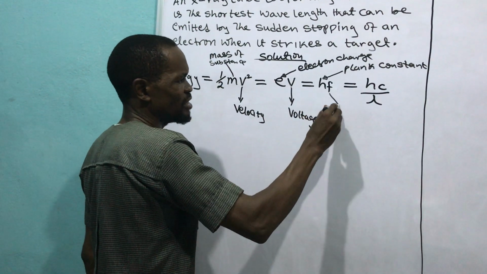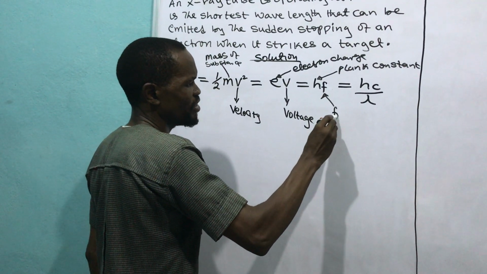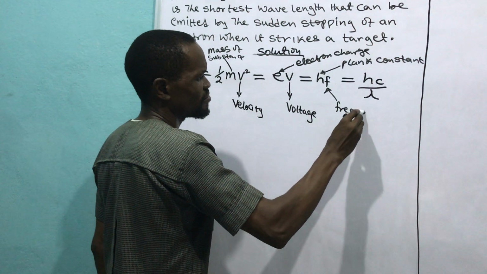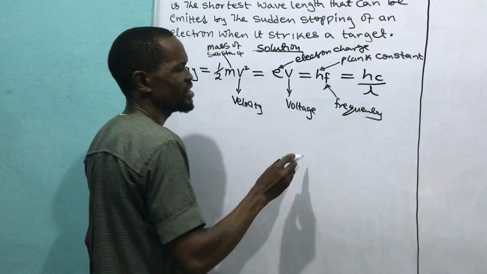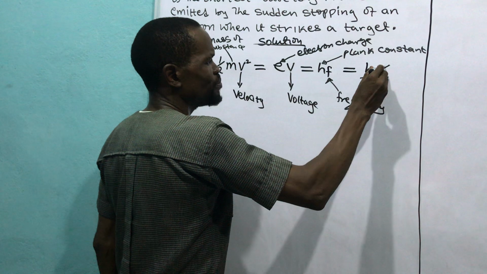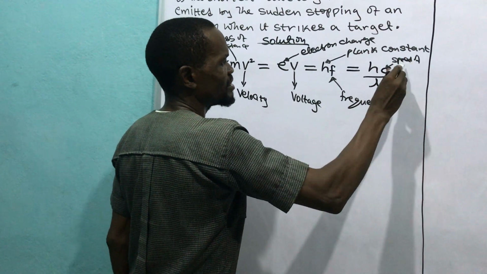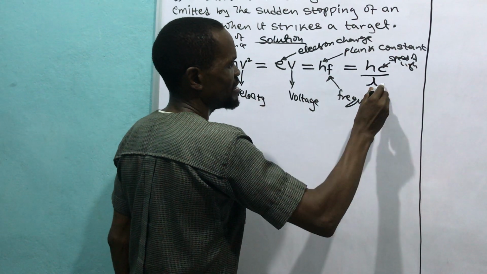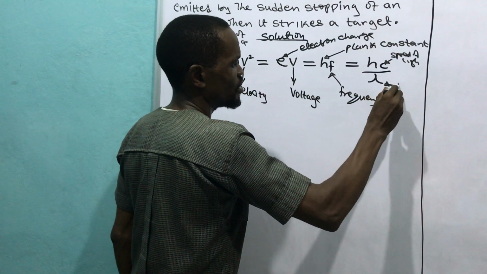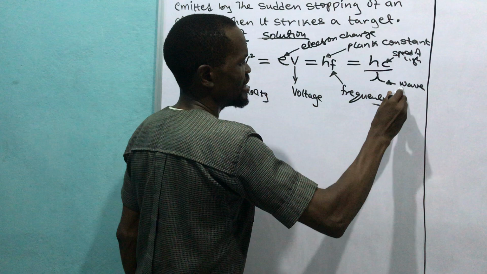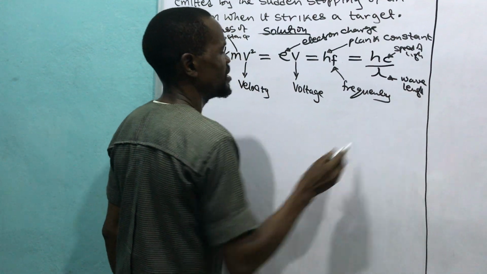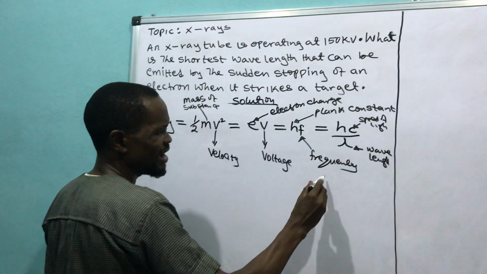And this f is called frequency. And this c is called the speed of light. This lambda is the wavelength. Then somebody will ask, how did I get this?